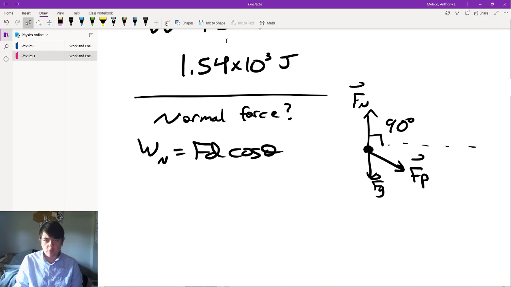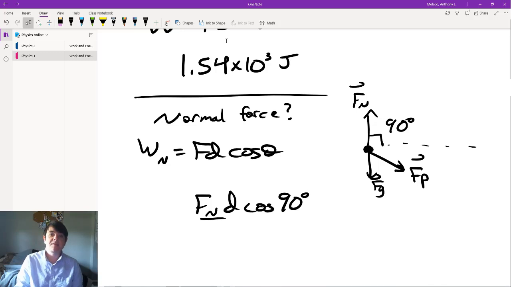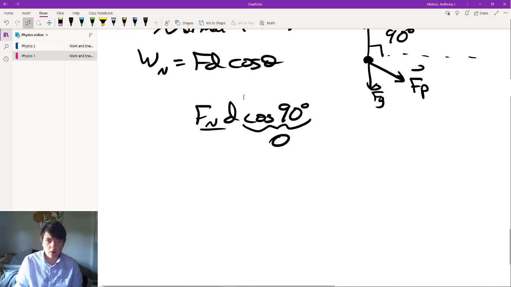And so if we do Fn d cosine of 90 degrees, we don't know what the normal force is yet. It would be mass times gravity, just like before, because they're going to be equal. But cosine of 90 degrees is 0, because the normal force and the direction it's moving are in different directions.